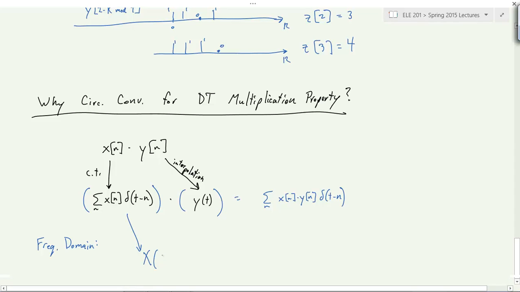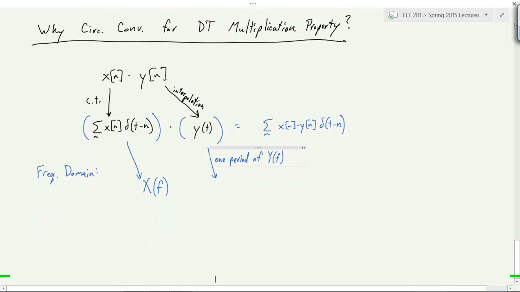That's x of f. But what's one choice of interpolation we could use? We could do sinc interpolation, for example, which would be a low-pass filter. So then this yt is one period of y of f, if we did a filter on it, if we interpolated. That's great.